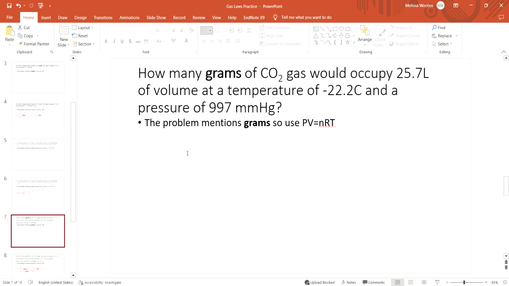Kelvin. So you're going to have to convert your temperature to Kelvin. Then you're going to be able to plug and chug. Now you're only going to be able to solve for moles, right? So then you're going to need to take your moles and convert them to grams using the molar mass of CO2. So pause the video and give that a go.